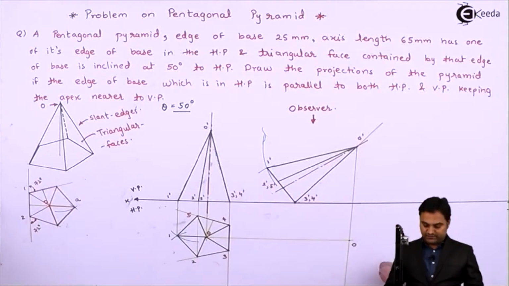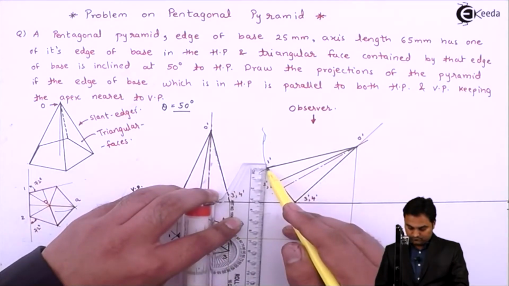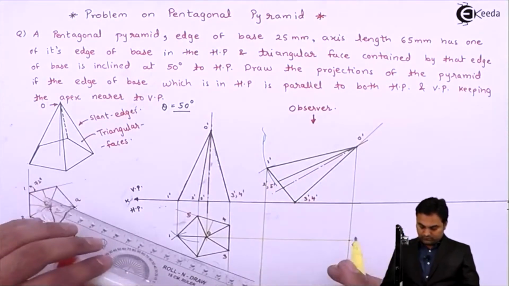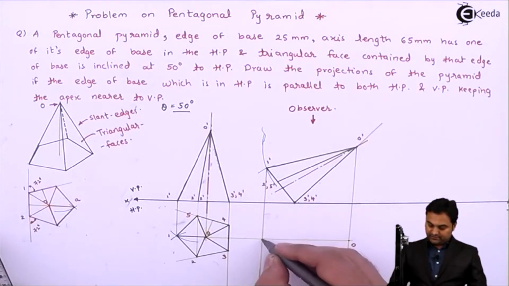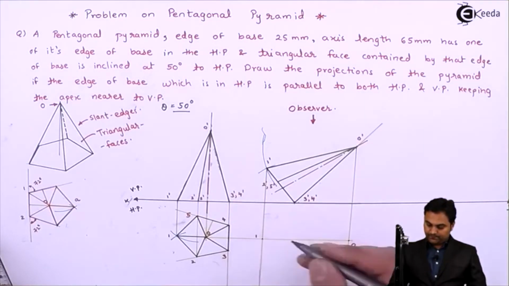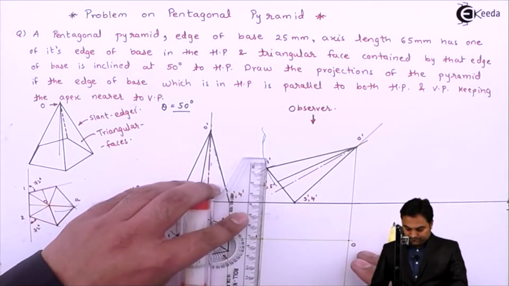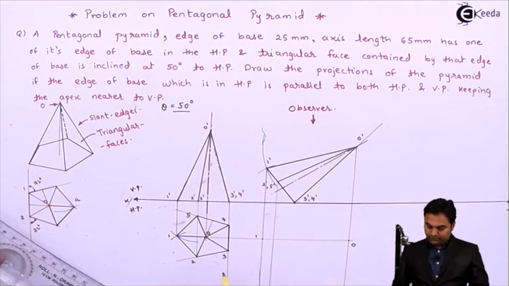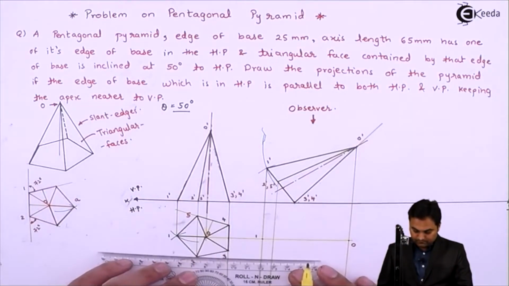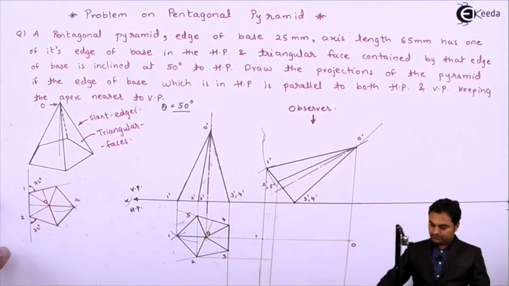Then 1 dash, so 1 dash and 1, wherever they intersect, that will give me point 1. Then 2 dash, 5 dash, point 2 is here, so this is point 2.